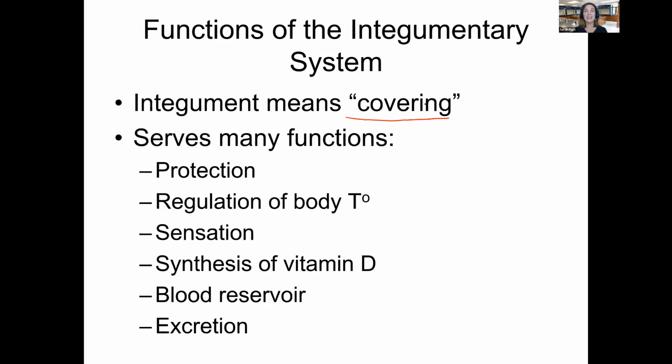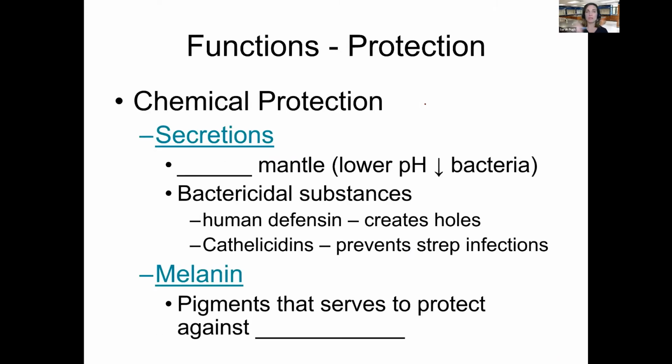Your skin actually provides you with 3 forms of protection. One form of protection is a chemical protection. A chemical protection is that your skin is either secreting a chemical that's protective, or there's a chemical inside the skin that's protective.